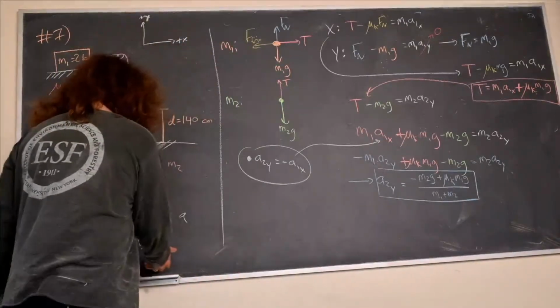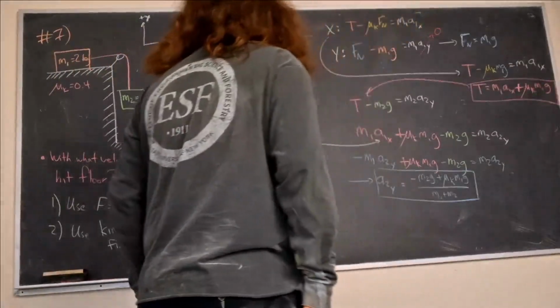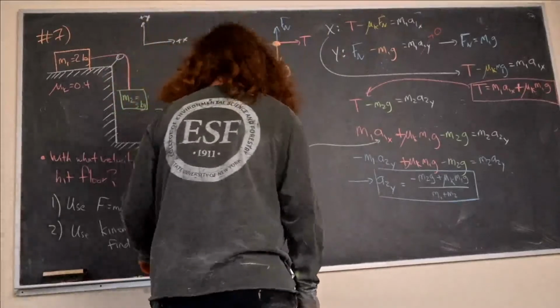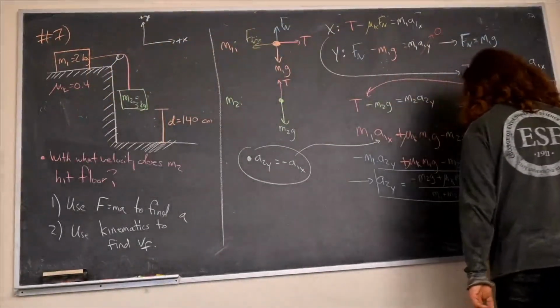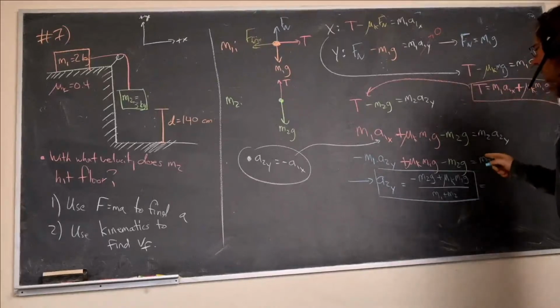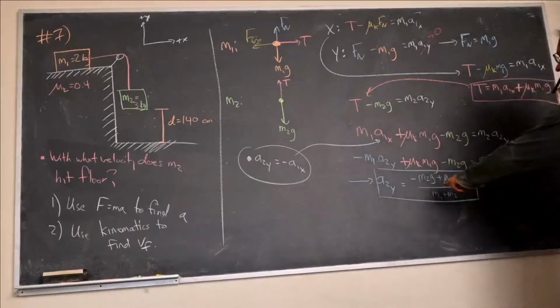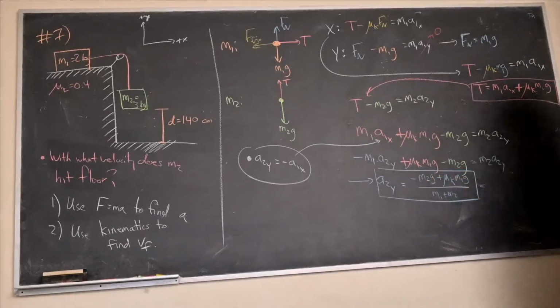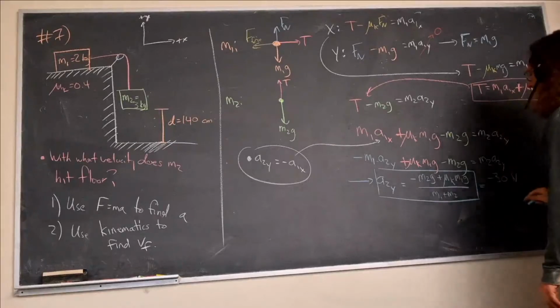So let's put in numbers. We know numbers for this whole thing. Minus m2g is going to be minus 30 newtons. We're using 10 for g.